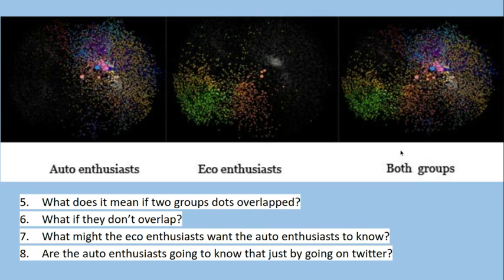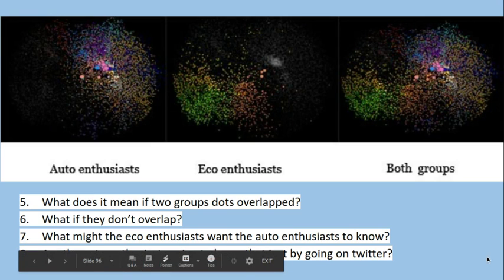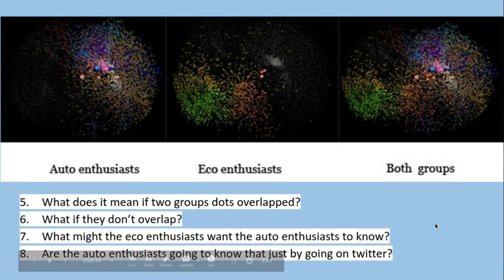How much overlap is there in their searching, in the things that they're looking at? Are those auto enthusiasts going to know what the eco enthusiasts want them to know just if they're looking at Twitter? Because remember, these dots are different accounts on Twitter.